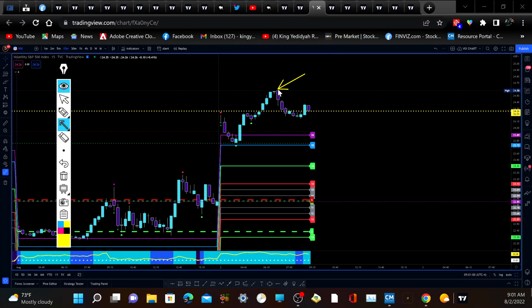We had some resistance here at 24.58 on the VIX. It kind of pushed back down again in the pre-market here. And let's see, maybe we'll get to R6 and get some support right there. And a push up from there would cause the stock market to drop. So that's at 23.88.